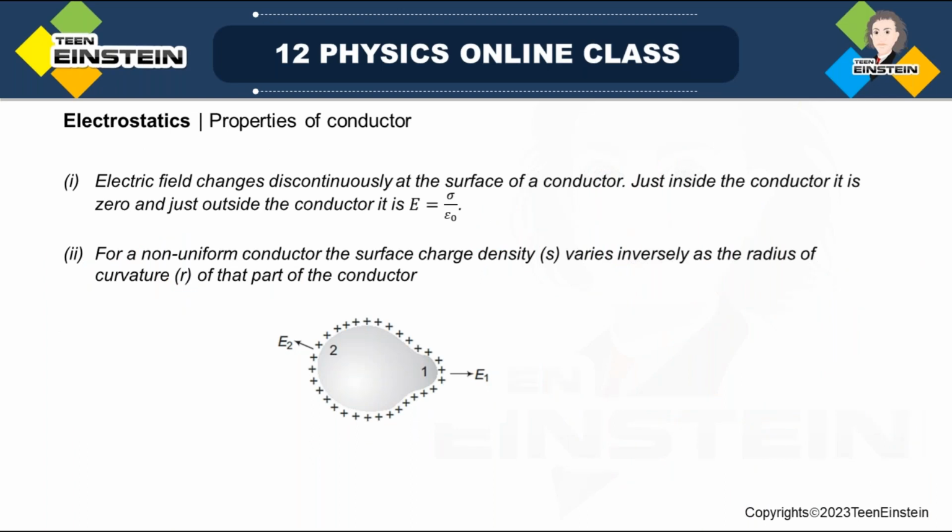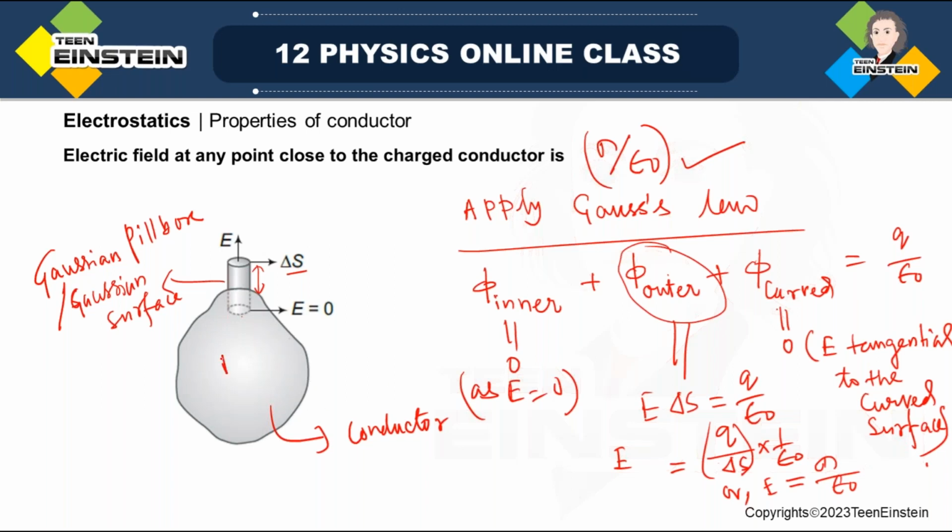Now here I have two corollaries. First, the electric field changes discontinuously at the surface of a conductor. Just inside the conductor it is 0 and just outside the conductor it is sigma by epsilon 0. We have seen that inside, anywhere you take, it is 0. Suppose I have point A inside and point B just outside.